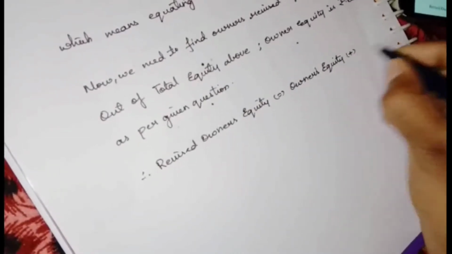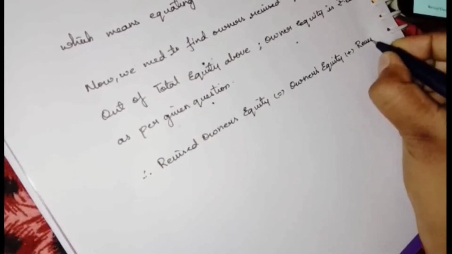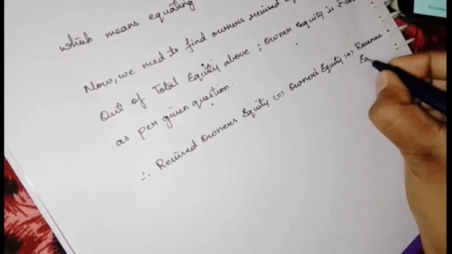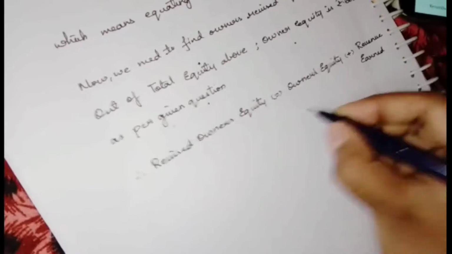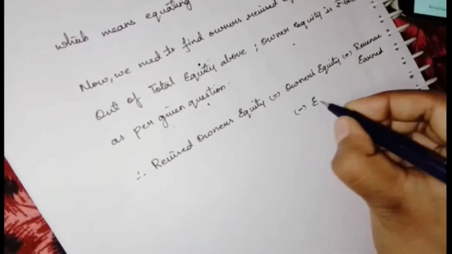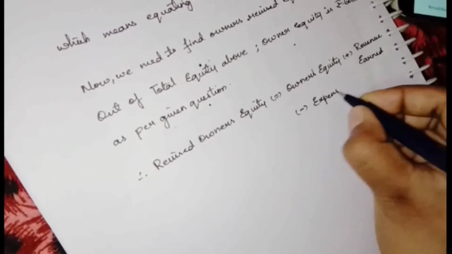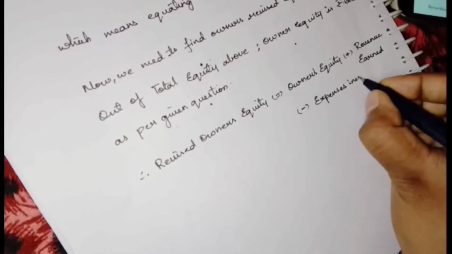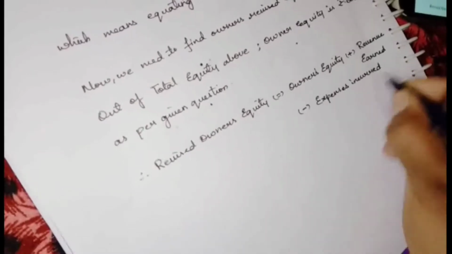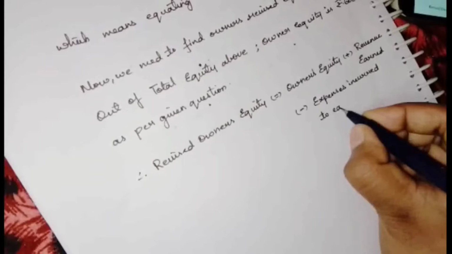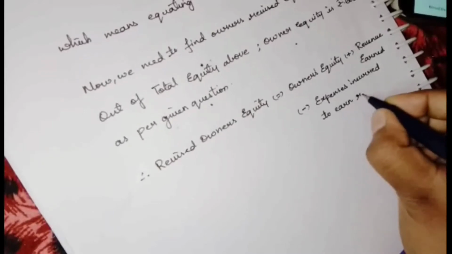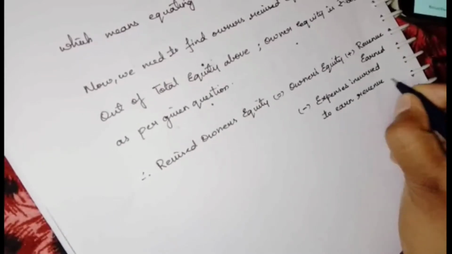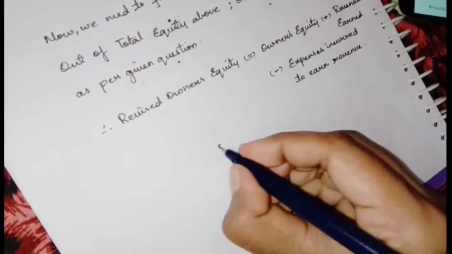plus what we add up to the capital, profits during the period. As I told you in earlier questions also, we add profits to the capital and deduct expenses from the capital account. So add revenue earned and deduct expenses incurred to earn the revenue.